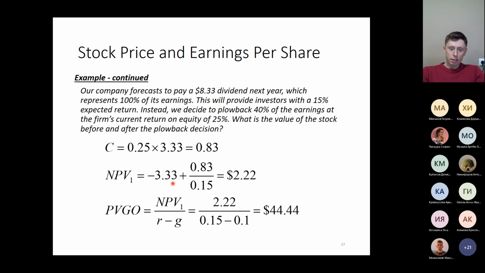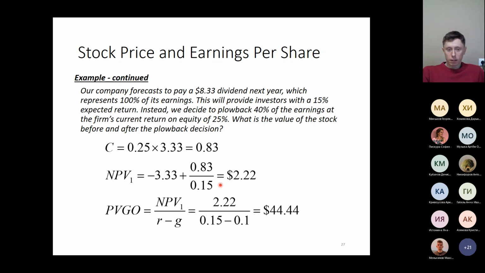And we can present this decision in the formula of the NPV. We reinvested to the business, or in this case, let's say invested to the business, this 3.33, which is our investment, so it goes with a negative sign, with the return of, and additionally make 0.83 on this amount.